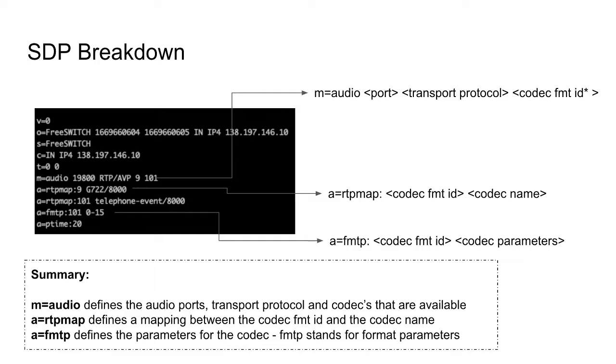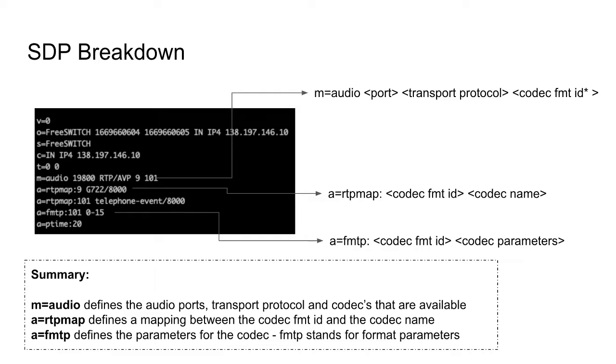So one of the codecs that was specified was 101. 101 is really a telephone event that specifies that DTMF is allowed. And what is showing here in the format parameters is that digits 0 to 15 are supported. And you're like, what's 15 digits?